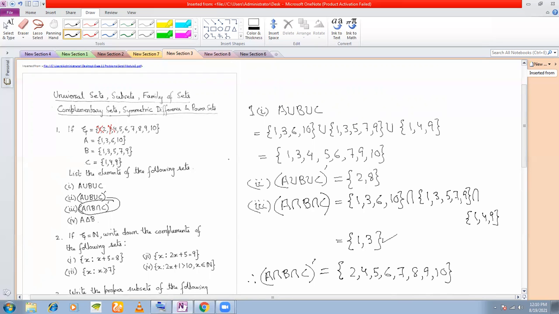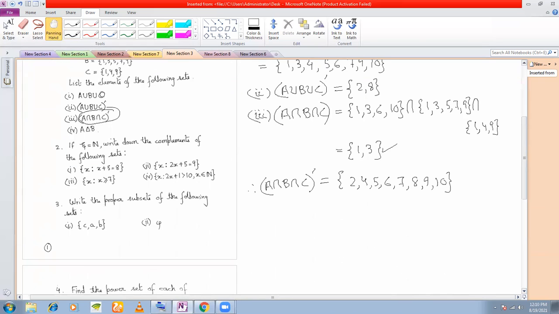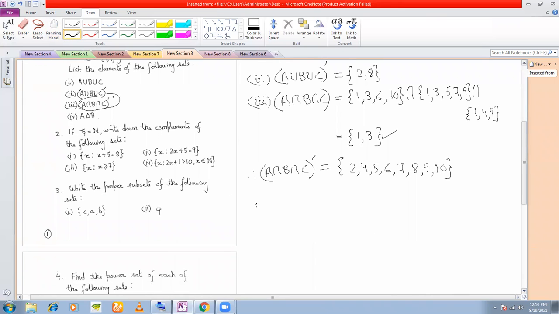Okay. And the 4th one is A delta B. That means symmetric difference. What is the definition of A delta B? I just told you the definition. A minus B union B minus A. Right? That means you have to find out A minus B, then find out B minus A, and then take the union. So how do you find out A minus B?